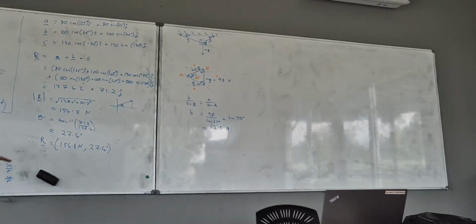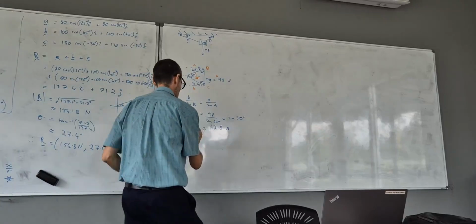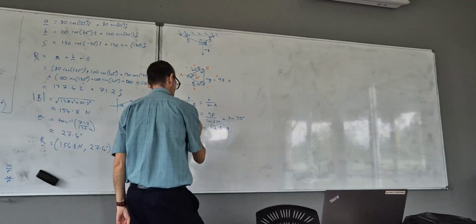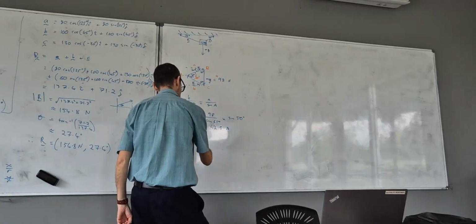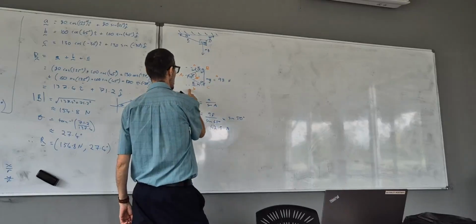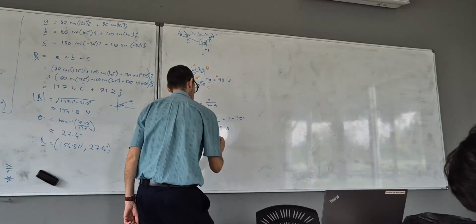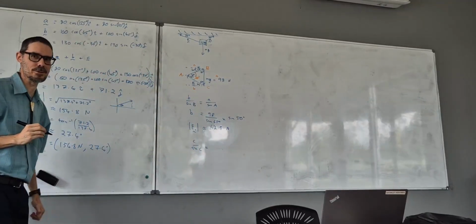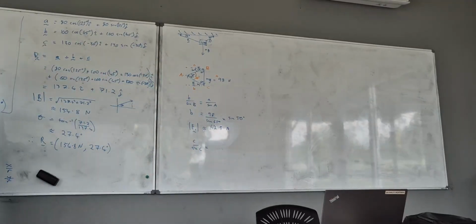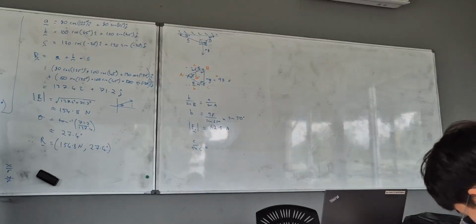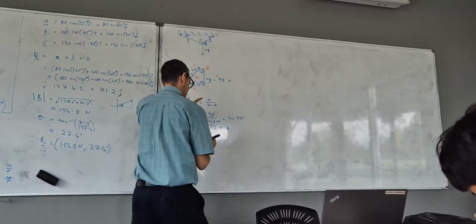Do the same thing to work out little c. That, by the way, is the length of force 1. C on sine C is, oh, I have a choice. Which one should I use? A, because it's completely right and from the question. Good.